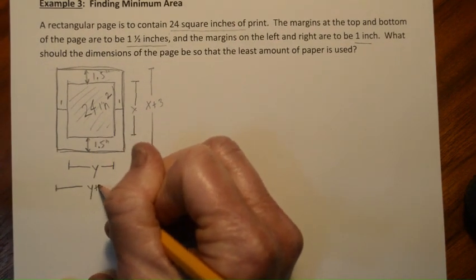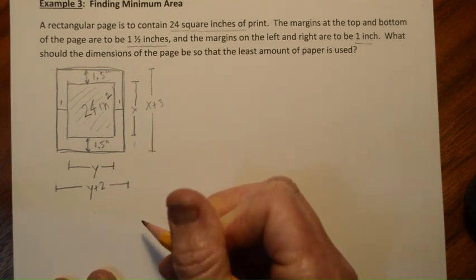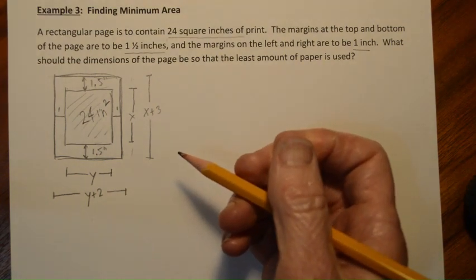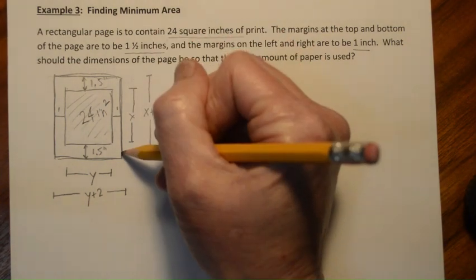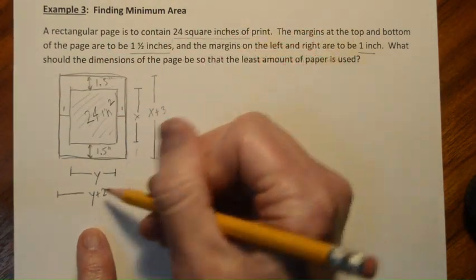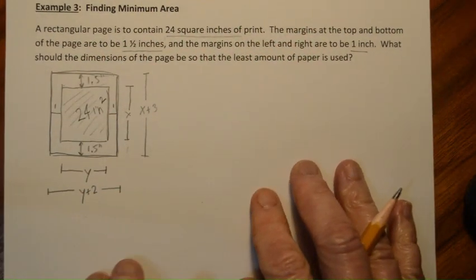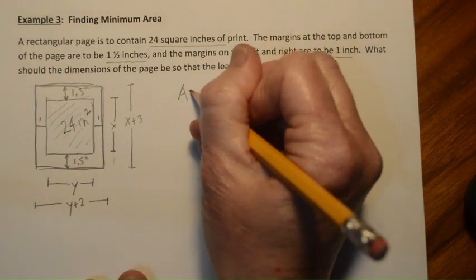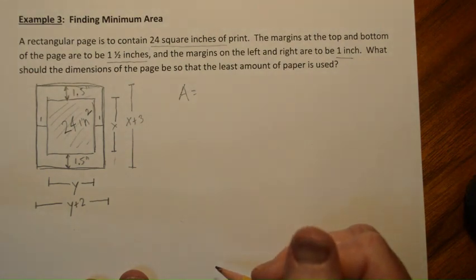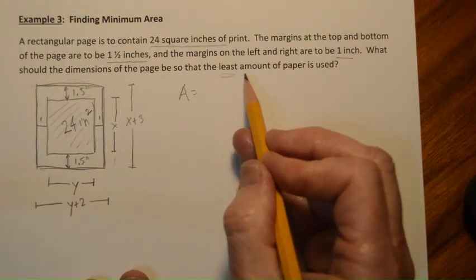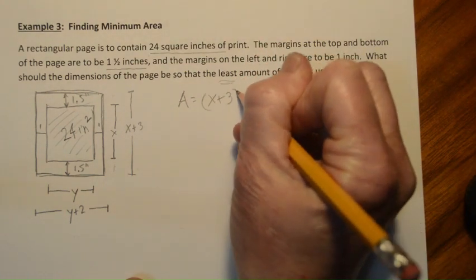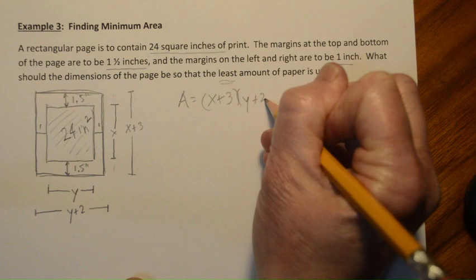And we'll say that this whole thing right here is going to be Y plus 2. Again, the advantage to that would just be that we're less likely to make mistakes when we add things on than when we subtract. So instead of calling the whole thing X and the whole thing Y, we'll call it X plus 3 and Y plus 2. All right, and so we'll say that the area of this whole page that we're trying to minimize, because of the least, the area of that is going to be X plus 3 times Y plus 2.